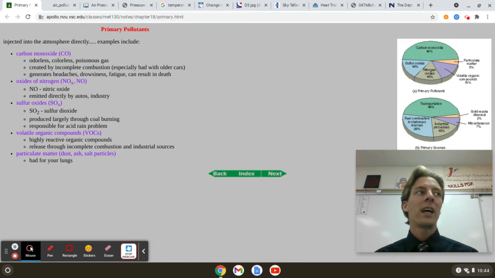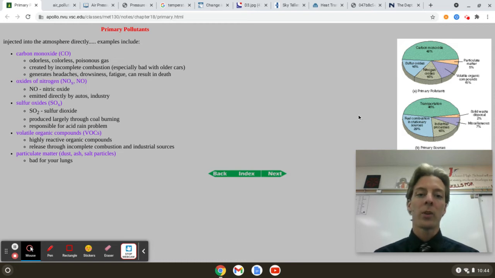What's that? That's power plants, that's furnaces, that's heaters, you're burning a fuel to heat your house. You're burning a fuel to run a power plant, right? You're burning a fuel somewhere else. Industrial processes, when you make some of the nice things we have, there's chemical byproducts. That's these. Solid waste disposal, miscellaneous.